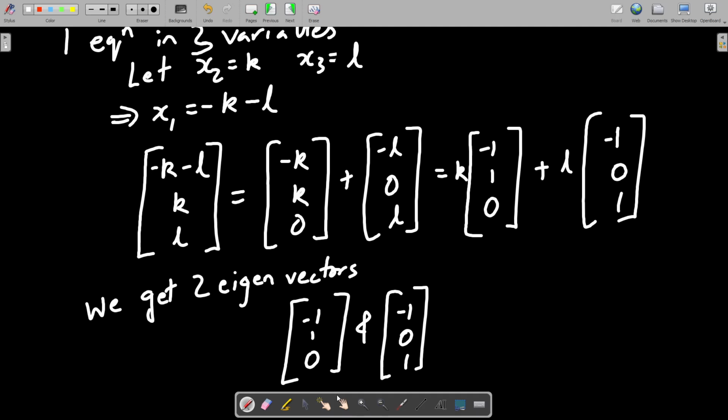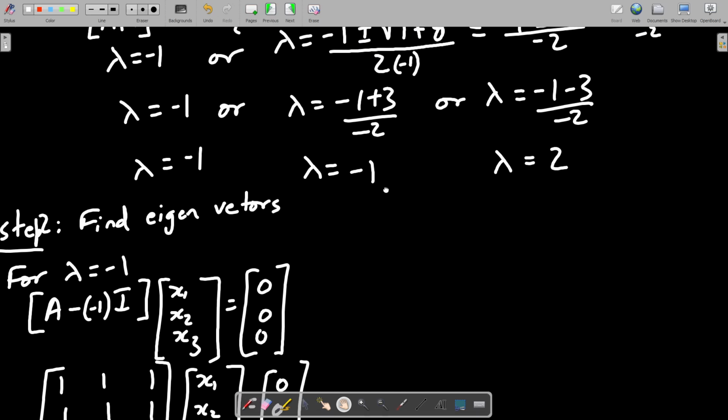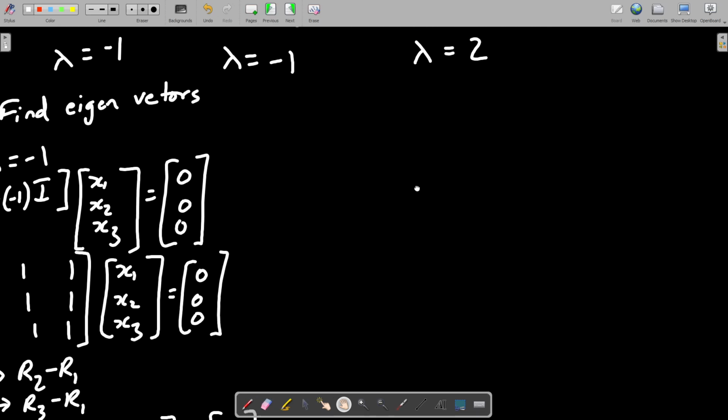Okay. Now the next one remained. That one will do, and then we are done. So lambda is equal to 2.